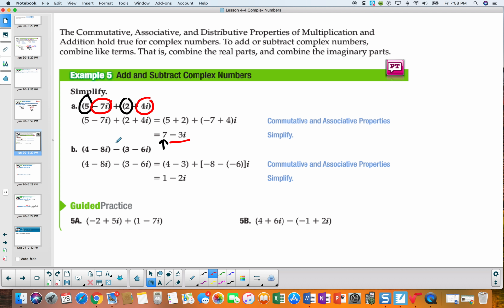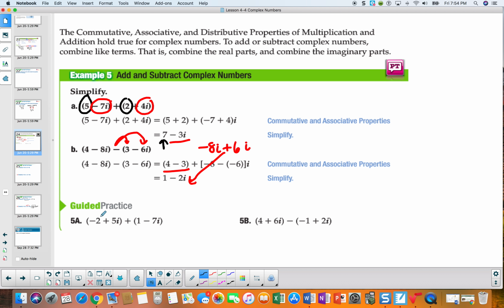Now when you're subtracting, you have to remember to distribute. So then we know that this is going to be 4 take away 3 for the real part, and then this is going to be 8i plus, it'll be a negative 8i plus a 6i, and that's going to give you this answer right here.